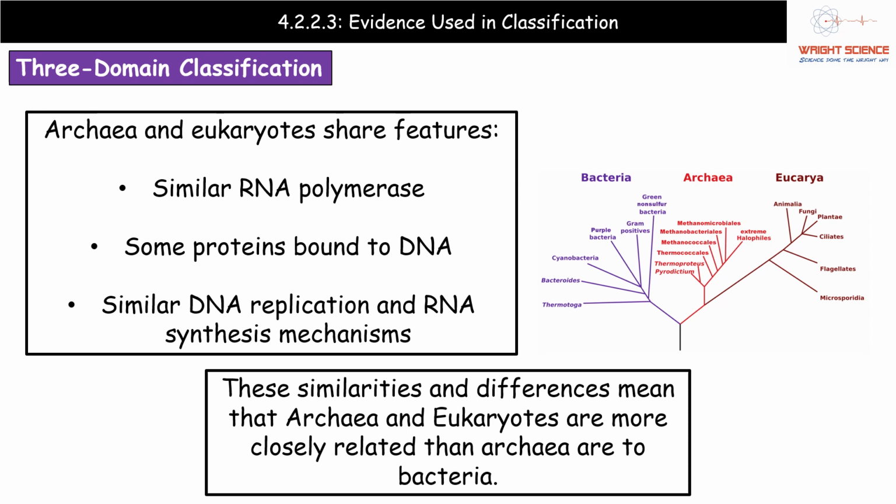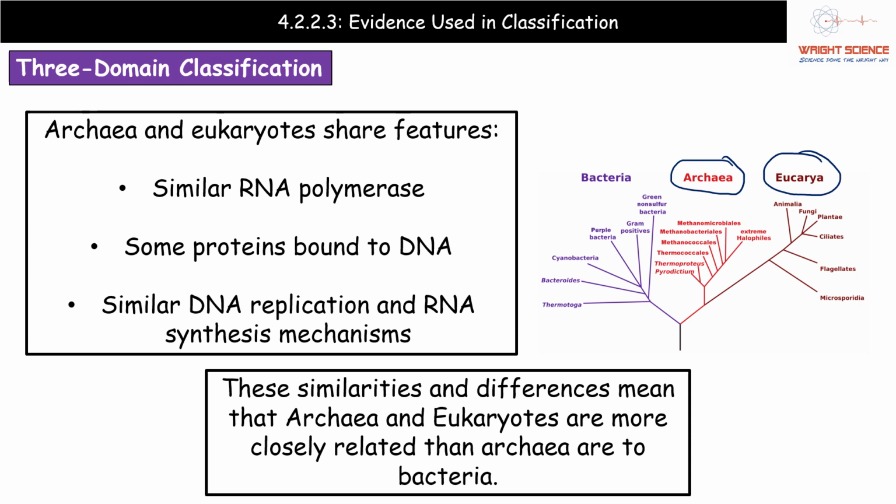So when he had all of this information in front of him about the features of the bacteria and the similarities between the archaea and the eukaryotes, he actually said that the archaea are more similar, and therefore more closely related, to the eukarya than they are to bacteria.